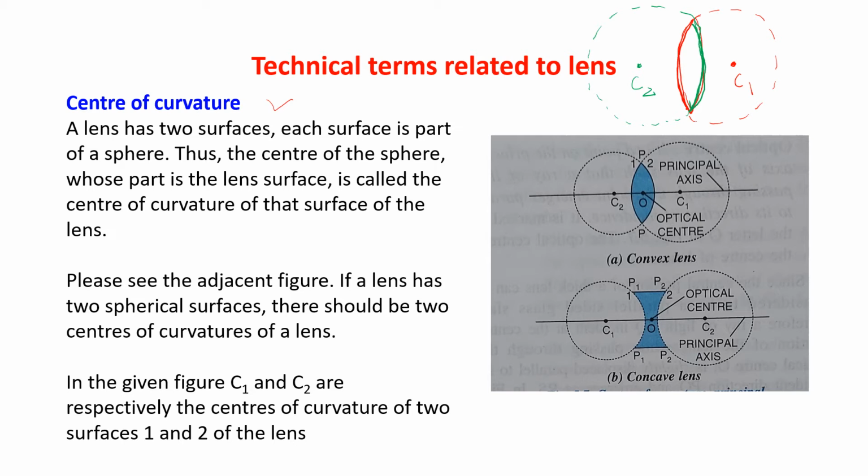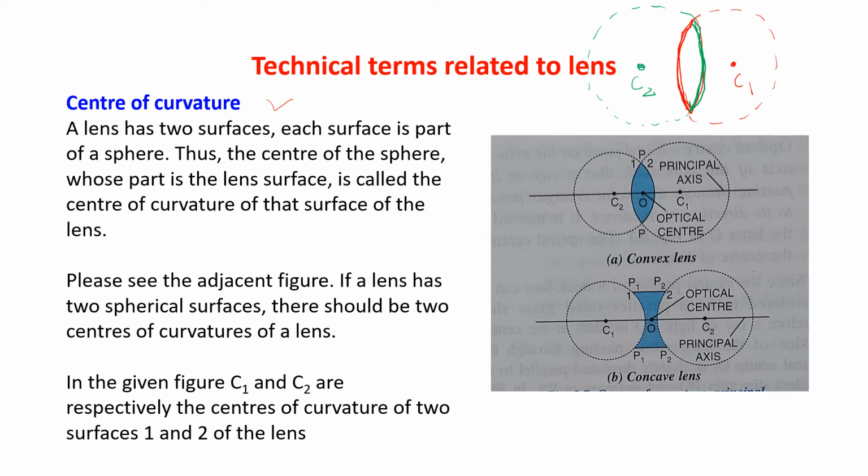That means this is C1. C1 is the center of curvature for the red part of the lens, this one. And C2 is the center of curvature for the green part of the lens.